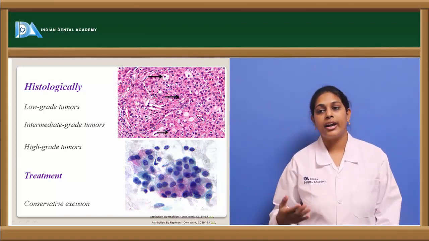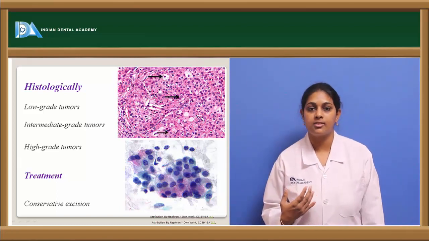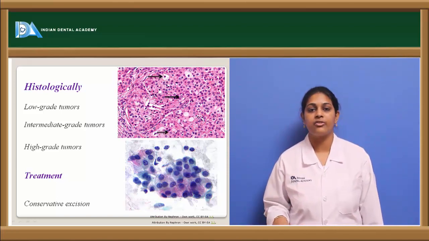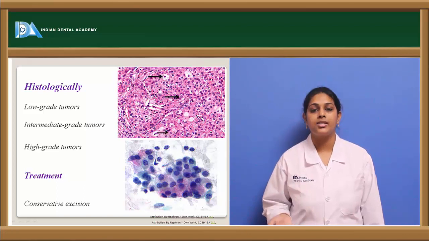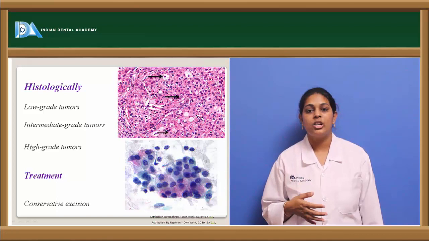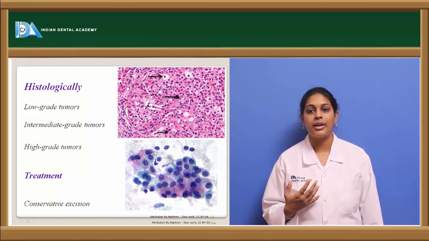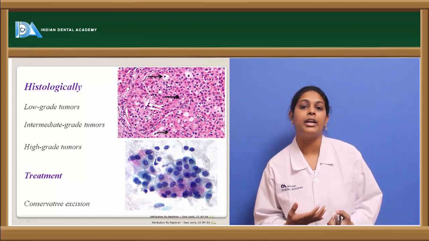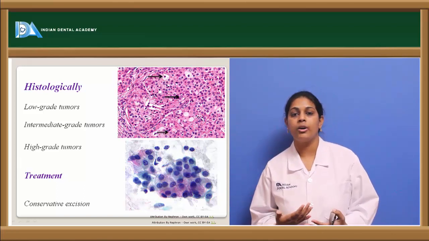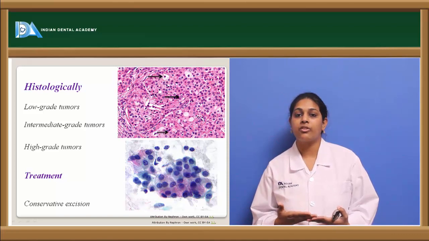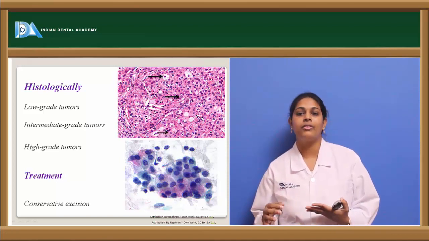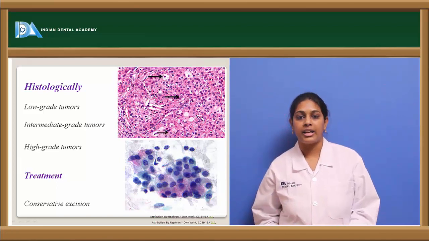Coming to the atypia, that is the dysplastic features, since it is a malignant tumor, we find certain dysplastic features, such as altered nuclear cytoplasmic ratio, changes in nuclear shape and cell shape, and mitotic figures. We see minimal dysplastic features, that is minimal atypia, in low grade tumors. Because of these minimal dysplastic features, the prognosis could be considered better for low grade tumors when compared to intermediate and high grade tumors.